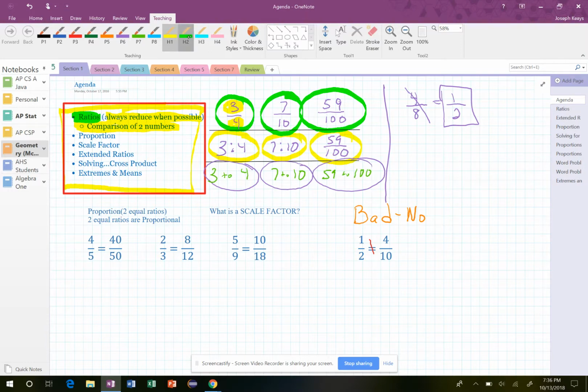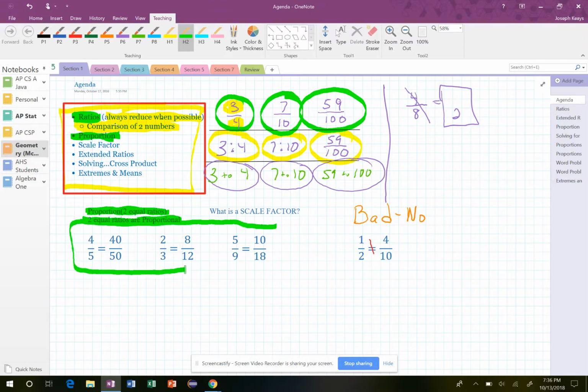The next phrase we're going to learn about is a proportion. Well, what is a proportion? A proportion is two equal ratios. So we say two equal ratios are proportional. Here are all examples of great proportions right here. How do I know they're proportional?